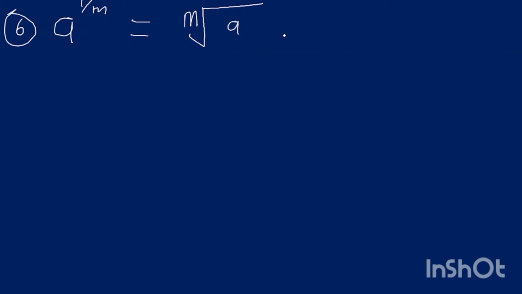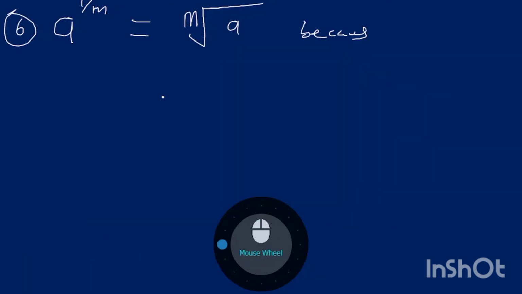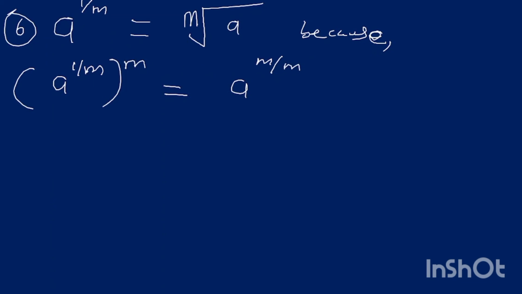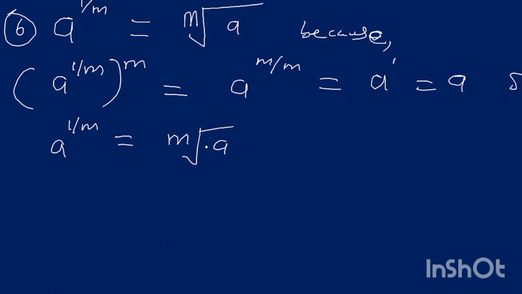And this is because a raised to power 1 divided by m, if I raise it to power m, this will give me a raised to power m divided by m, because 1 over m multiplied by m will give me 1, and this is equal to a raised to power 1, which is equal to a. So a raised to power 1 divided by m is equal to what? The m root of a.